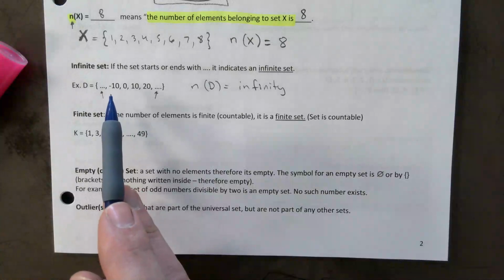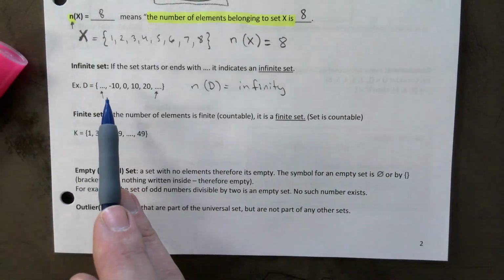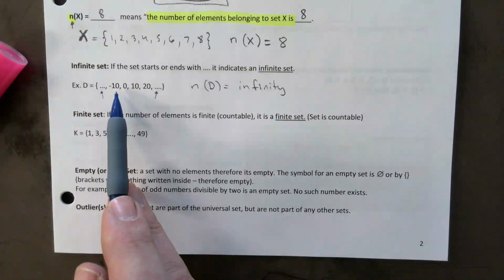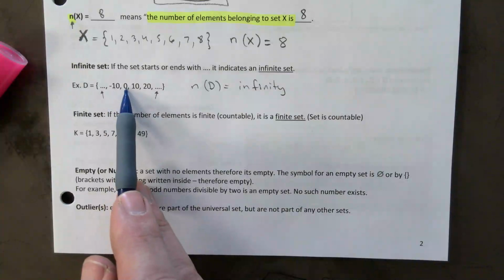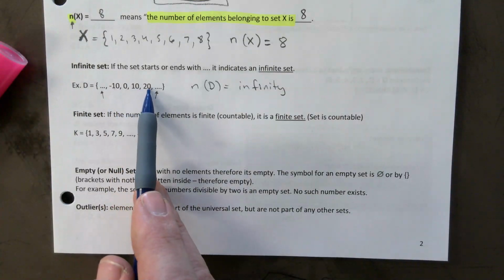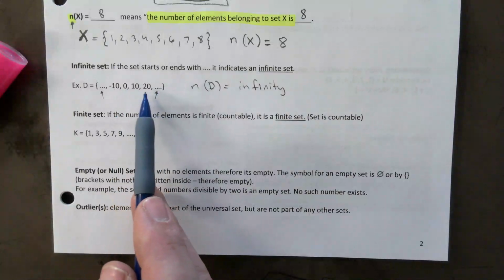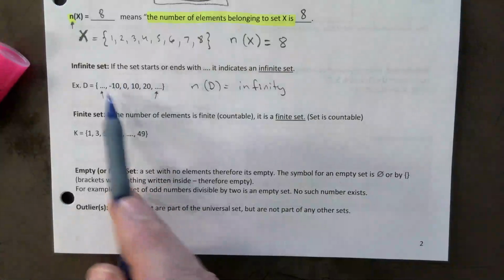Integers go negative infinity, positive infinity, they're whole numbers, right? And they are in increments of 10. Because if you think about it, every number goes up by 10 if you go from left to right, or it goes down from right to left. So that would be the rule overseeing this one here.